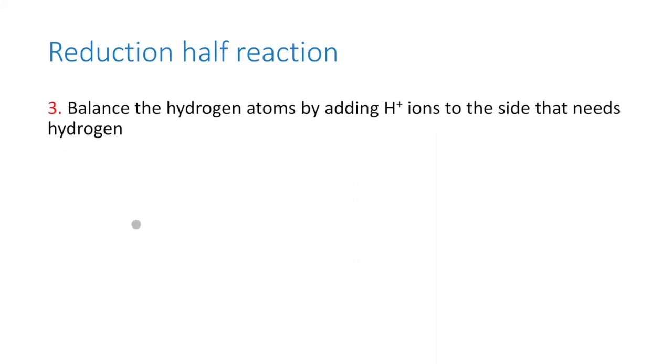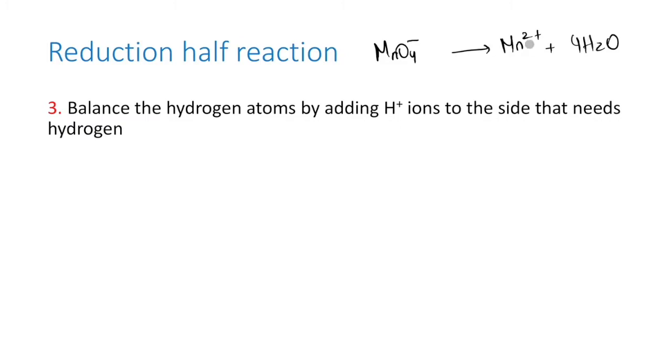Now the third step, we need to balance the hydrogen atoms by adding H plus ions to the side that needs hydrogen. So if you still remember, it was MnO4 minus, right? It's giving us Mn2 plus and 4H2O, right? Now here we need to add hydrogen ions, H plus ions, to the side that needs hydrogen.